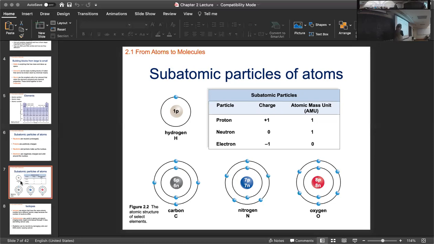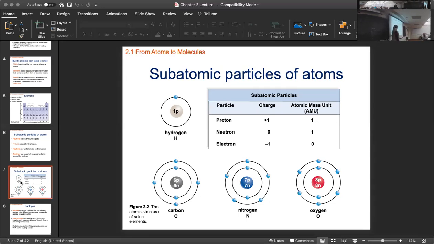This is one atom of carbon, one of nitrogen, one of oxygen, one of hydrogen. But we know in order to make water, you need 2 hydrogen and 1 oxygen. So we're just looking at 1 of each of these, okay?